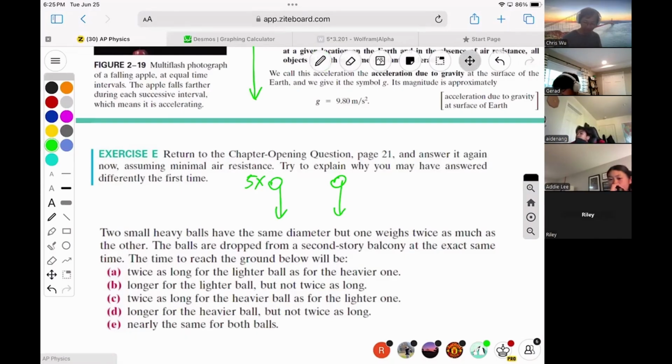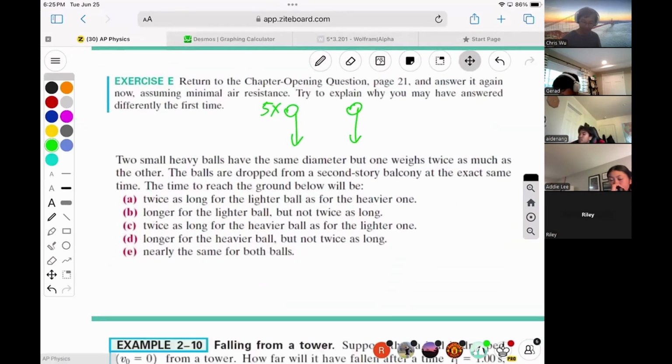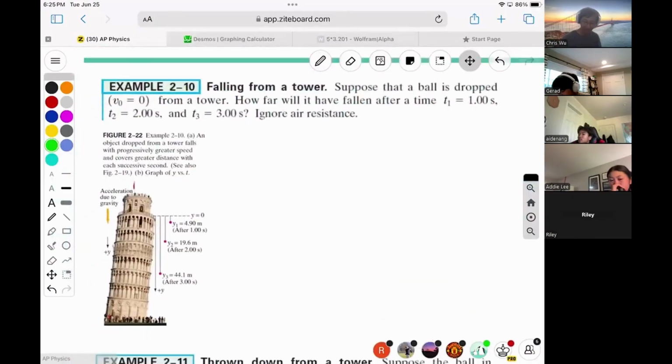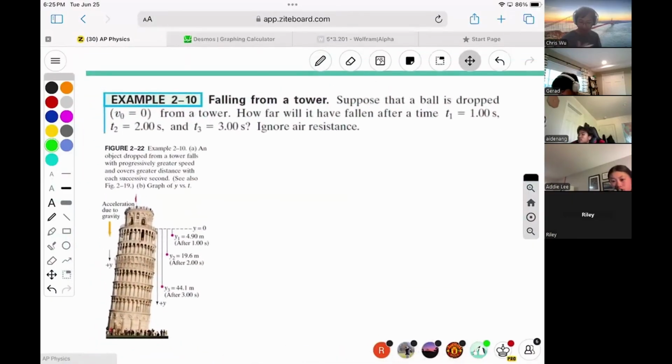Let's see here. Okay, I pasted it. All right, cool. Example problem: falling from a tower. Suppose that a ball is dropped from a tower. How far will it have fallen after t equals 1 second, 2 seconds, 3 seconds? Ignore air resistance. This is fairly easy because I'm just caring about distance traveled.